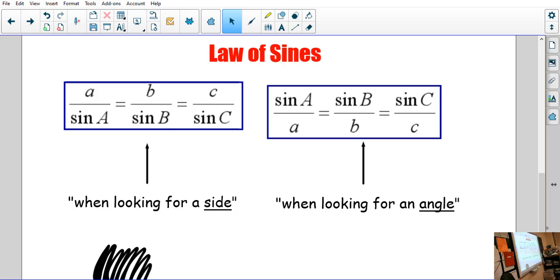And so what's true in a triangle is if you take the length of side A and you divide it by sine of the angle that's opposite to it, that will give you some decimal. And it would give you the exact same decimal if you took the length of side B and divided it by the sine of angle B. And same thing in this triangle, and it doesn't matter if we have a small triangle or a huge triangle.